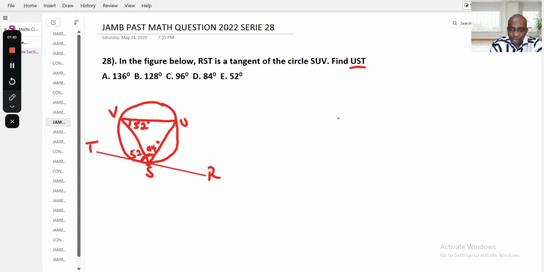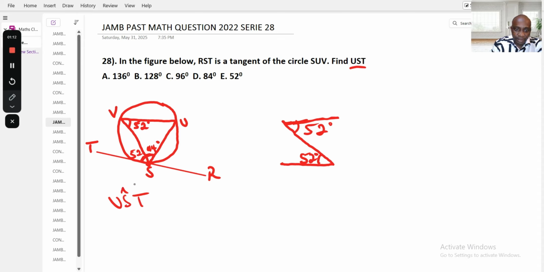Let me draw it out again. If this angle is 52 degrees, it means that this angle will be what? 52. It is called the alternate angle. And we have 44 here already before, and we are going to look for UXT.